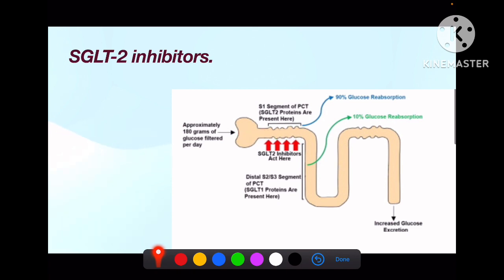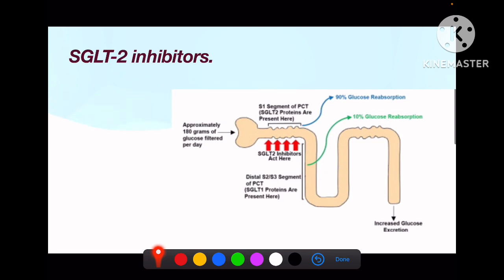So we are going to inhibit the action of this transporter by giving the drug. Then you can reduce the 90% of glucose reabsorption. Due to that, ultimately you will get excessive glucose with the urine, because without absorption, all this glucose will be excreted from the body with the urine, and you will get glucosuria, right?